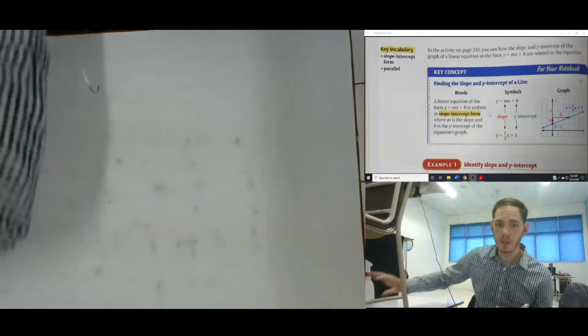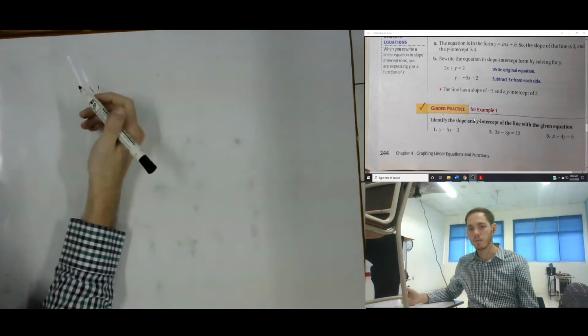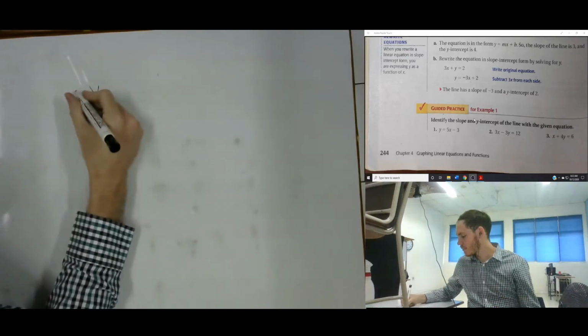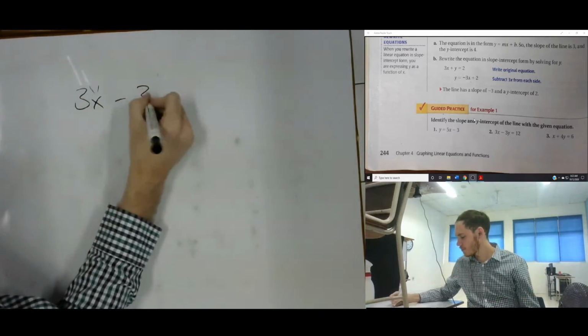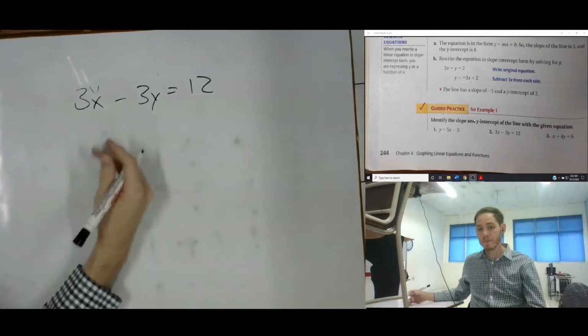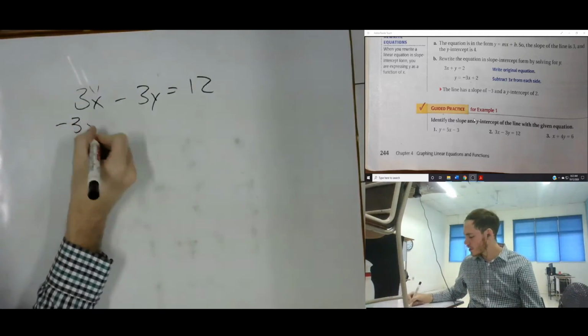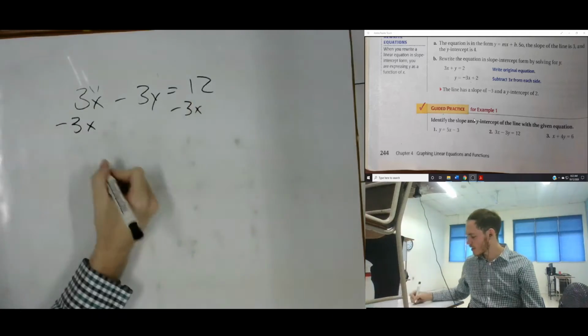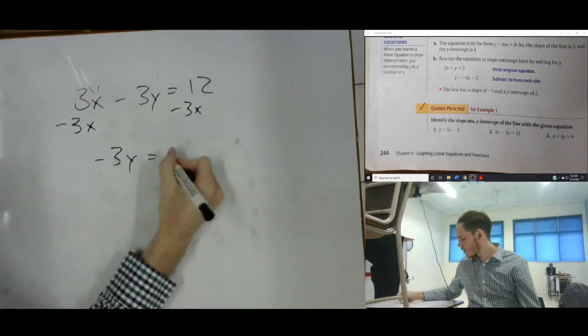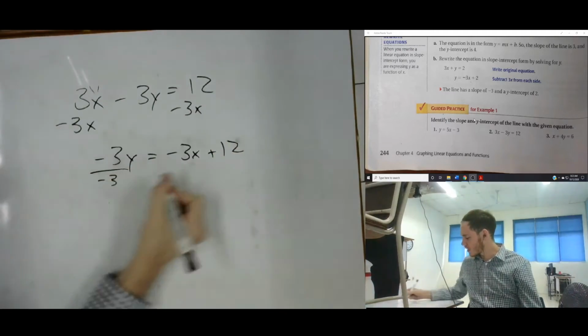Okay, let's do this a few more times. This video will be about 7 minutes. But before we do that, identifying slope-intercept, we need to change some equations into y equals mx plus b. So the first thing we need to do is get our x over. Then we're going to divide both sides by -3.